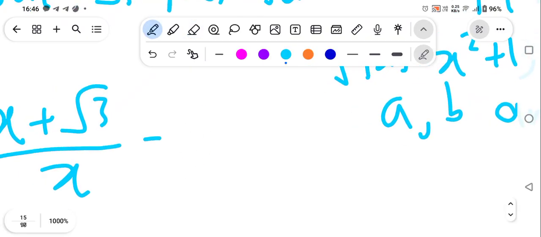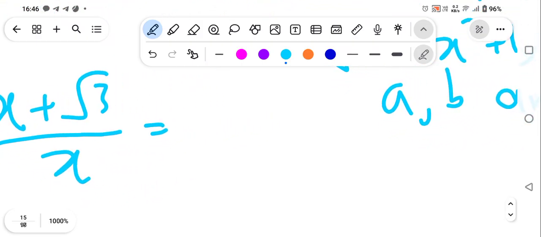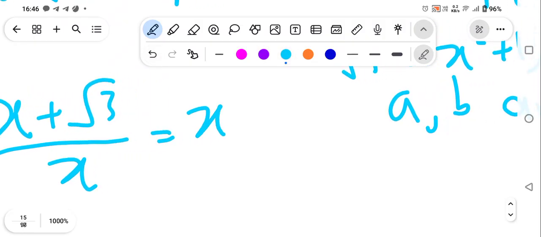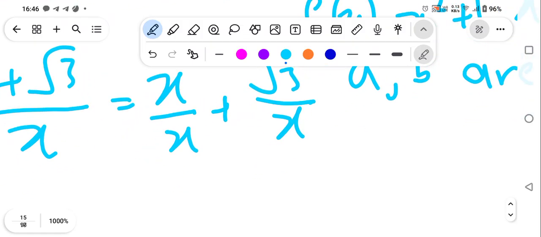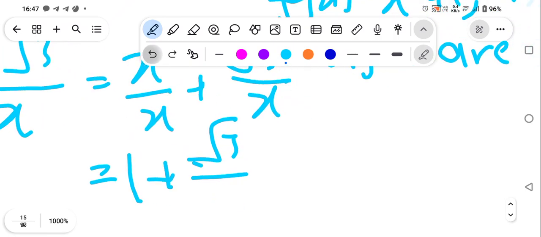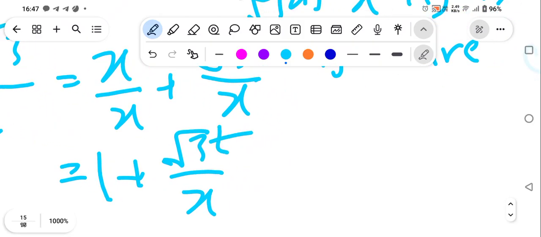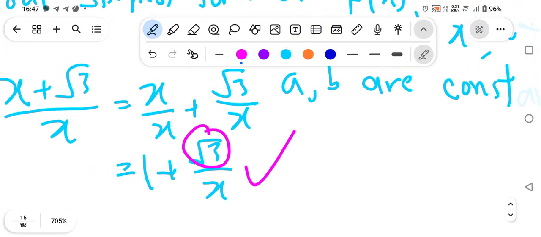So as usual, we can split this into x over x plus square root of 3 over x. So this will be 1 plus square root 3 over x. So you see, square root of 3 is not a function, it's a constant. So this is in simplest form. We cannot further simplify this.